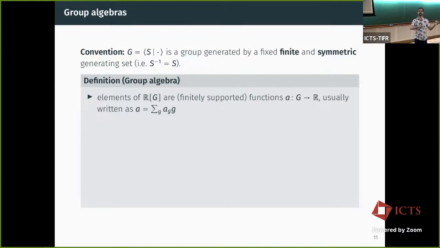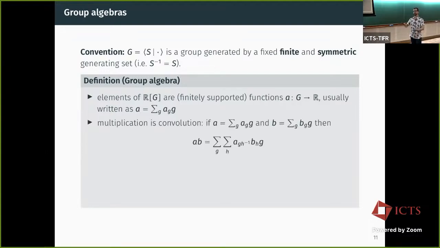You can think of them as finitely supported functions from the group to the real numbers that are written commonly as finite sums with the value at a given group element followed by the group element. The multiplication inside is convolution of two functions, which is a fancy way of saying I take such a sum, I take another sum, I multiply everything by everything and group together.